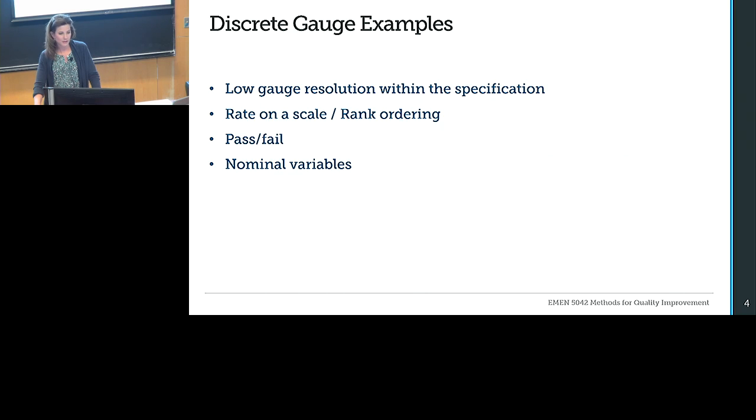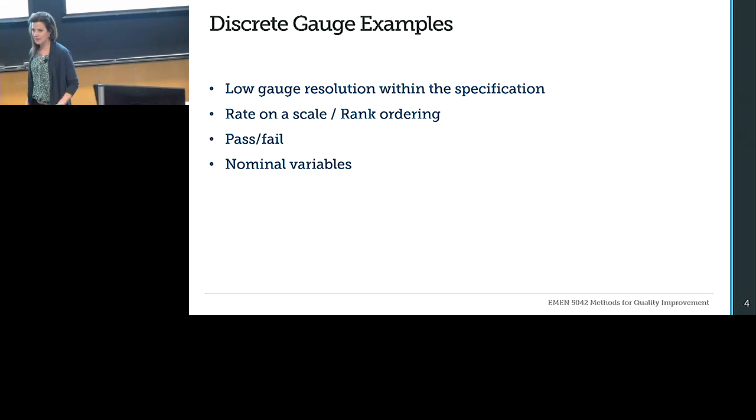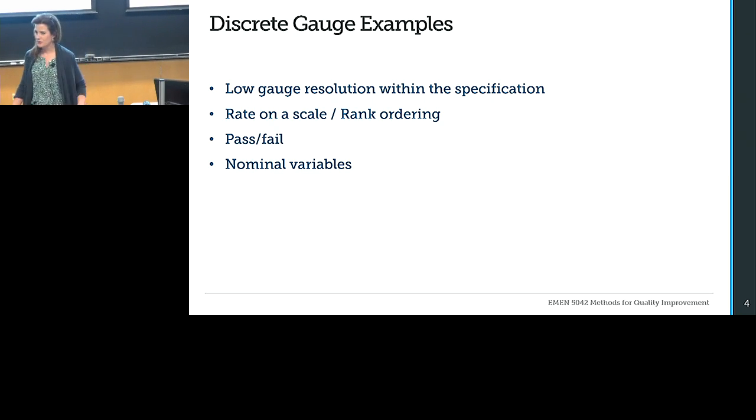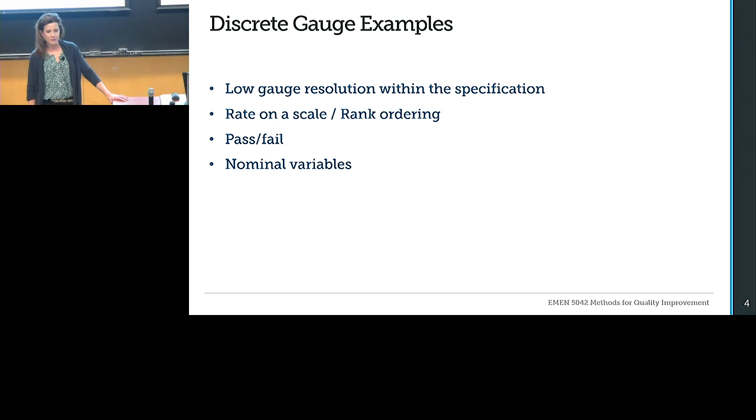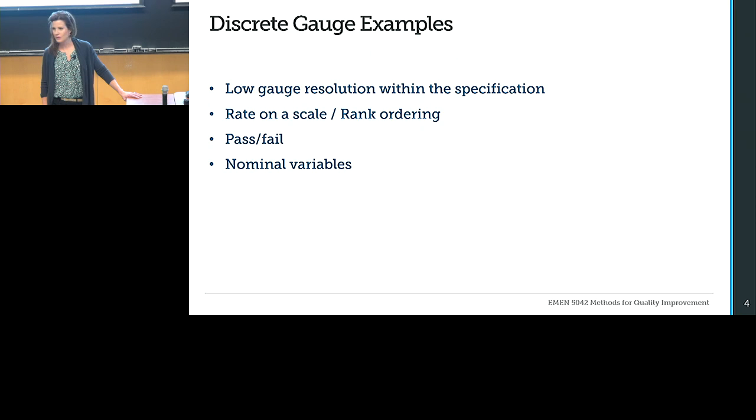It'll be fun. Okay. So let's talk about some different examples of when we might use a discrete gauge. What is a discrete gauge? You could have some different situations. You're measuring something, right? And of course, I love continuous gauges because they make my life really happy, and I like variables data because it's easier for me to understand and deal with, given that I spent most of my training as a mechanical engineer learning those types of techniques and mathematics and calculus, and we never dealt with nominal or ordinal data.